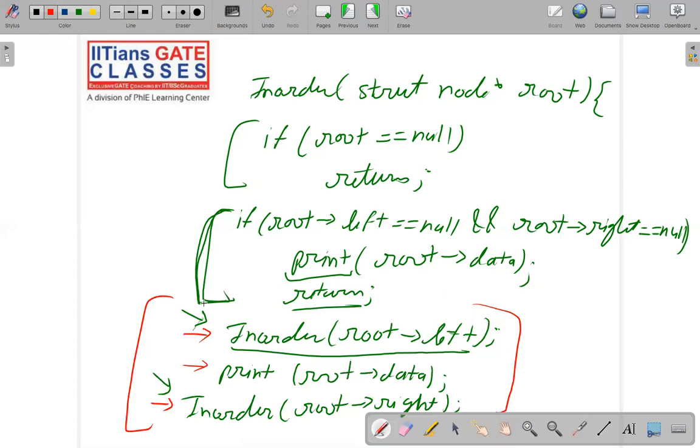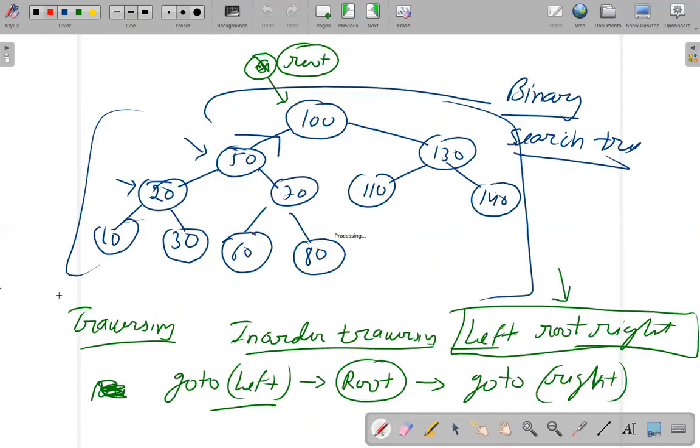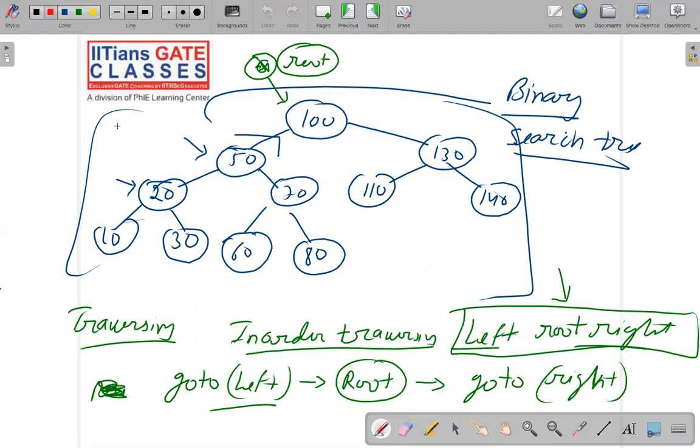This is what we are doing in order. So this is called left, root, right. Left, root, right is in order. So let's do the same thing here. Let me erase this.